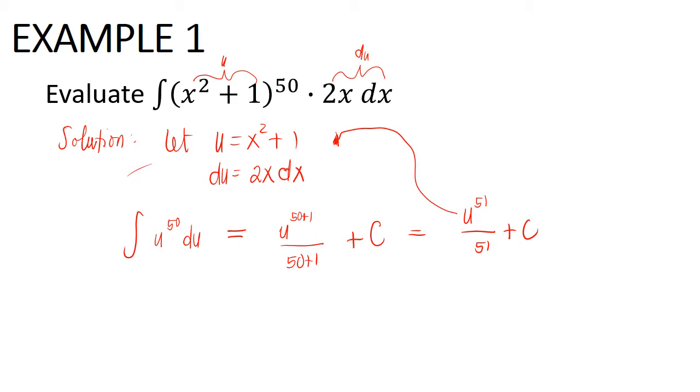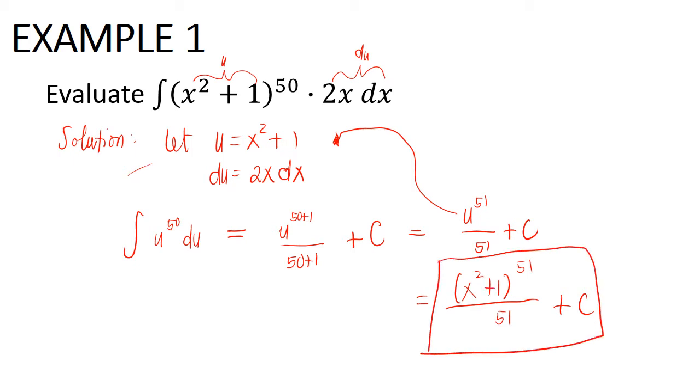So, yung u natin is equal sa x squared plus 1. This will be equal to x squared plus 1 raised to 51 all over 51 plus c. So, yan. Meron na siyang variable na x. So, this is our final answer.